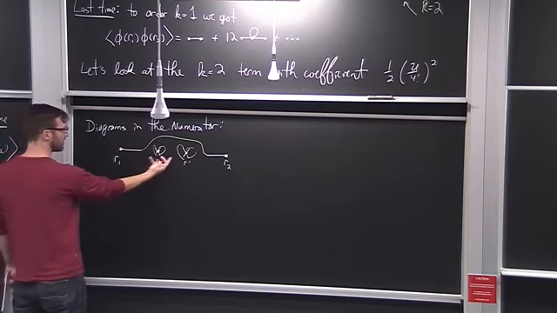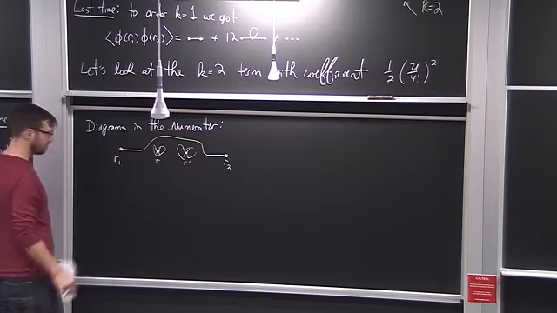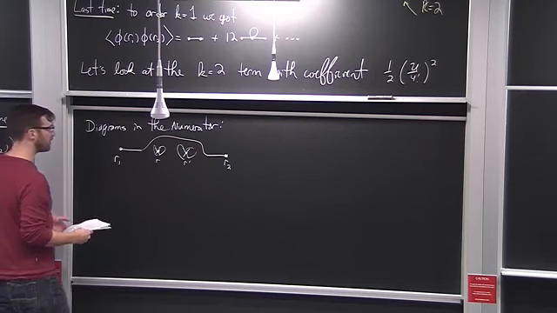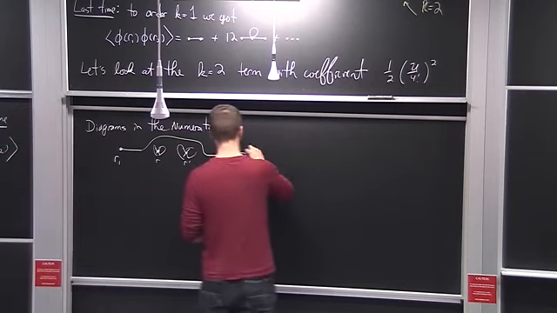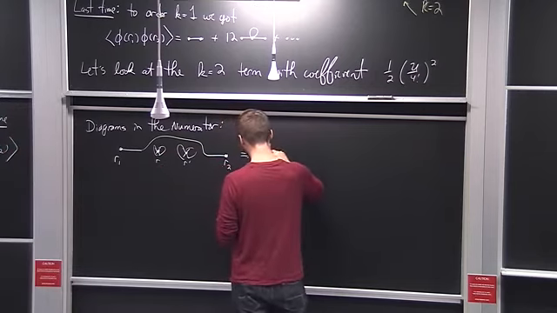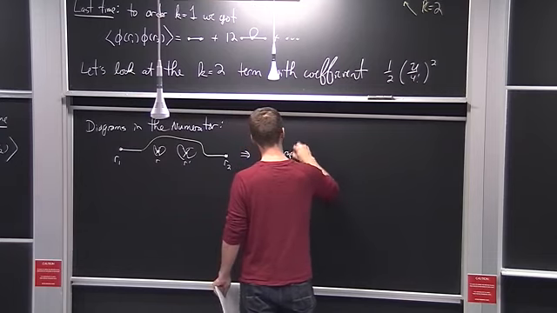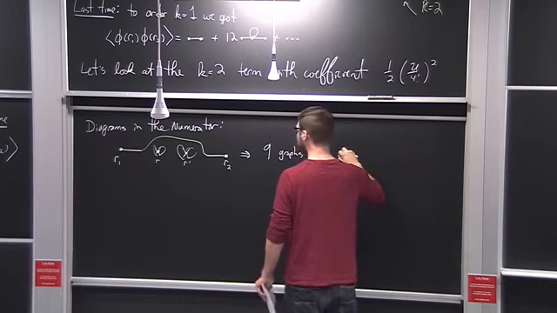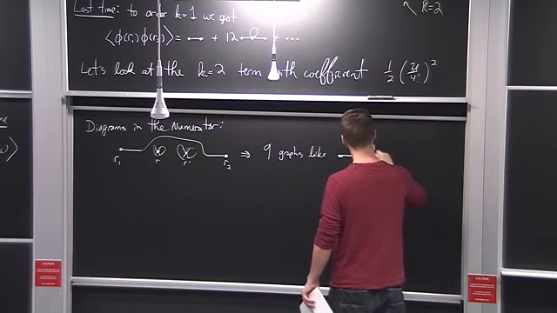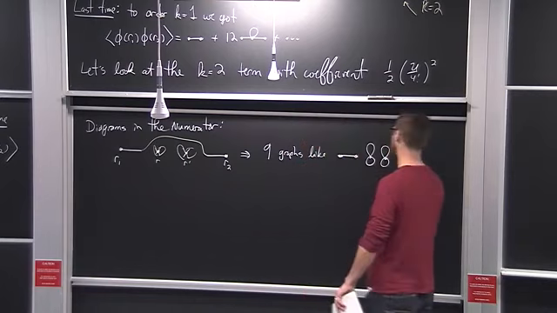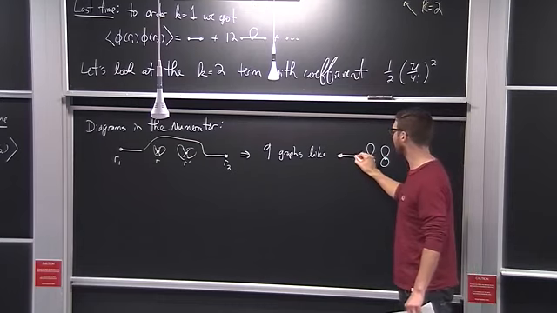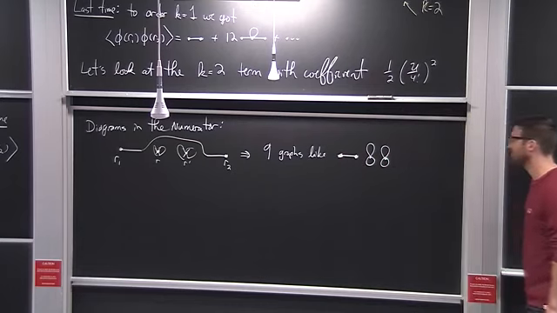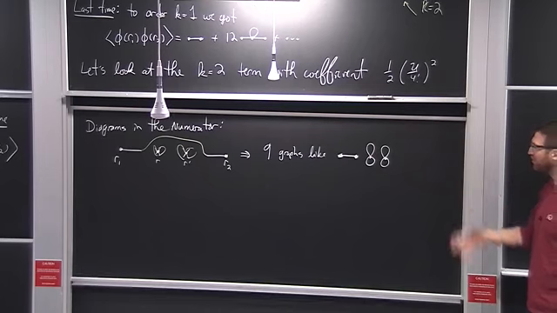I think there's 3 each for those, right? So it should be 3 times 3. So this will give you 9 graphs that have a topology like that. That's just one possible way.